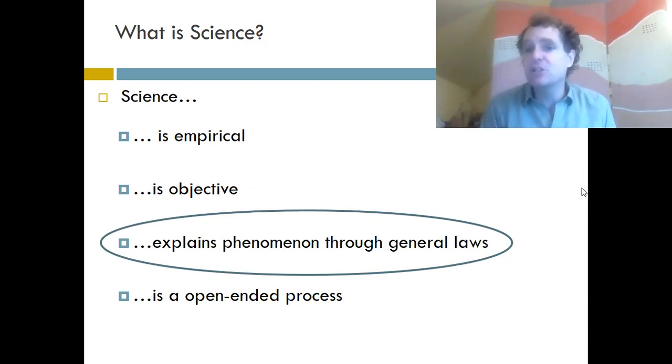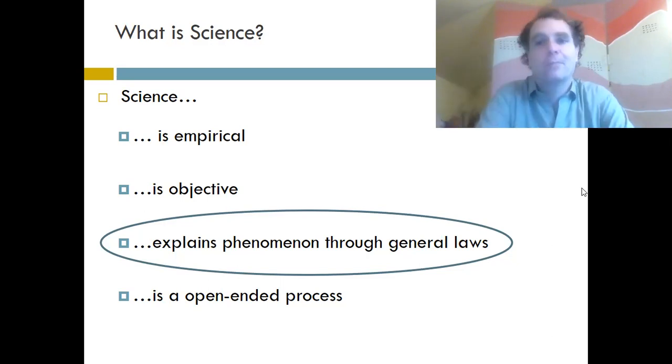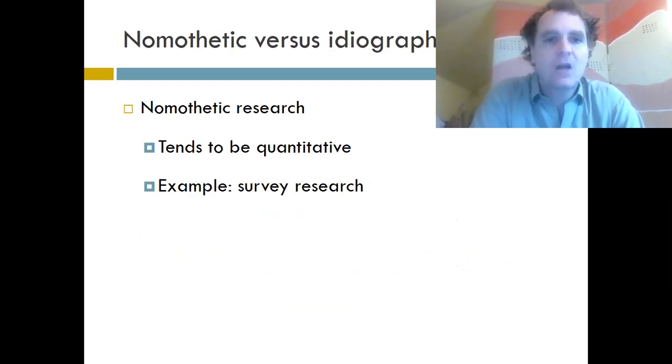It's supposed to find these general laws, theoretically. When scientists think of science, this is what they think, that they're out to find the general laws of the world. And so when you adopt a nomothetic approach, you're doing this classical scientific approach of finding a general law. Okay, that's nomothetic.